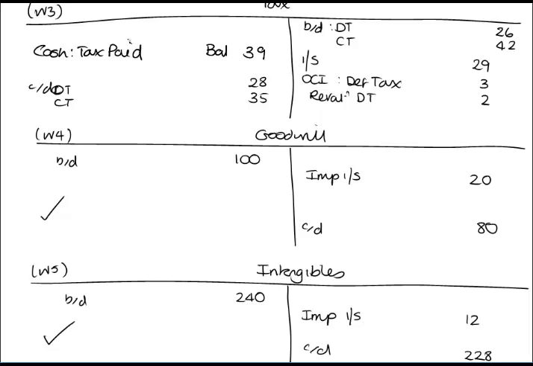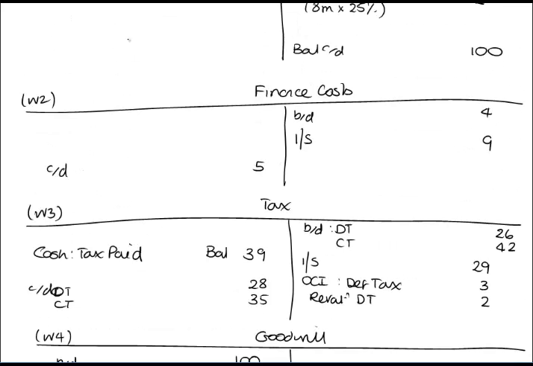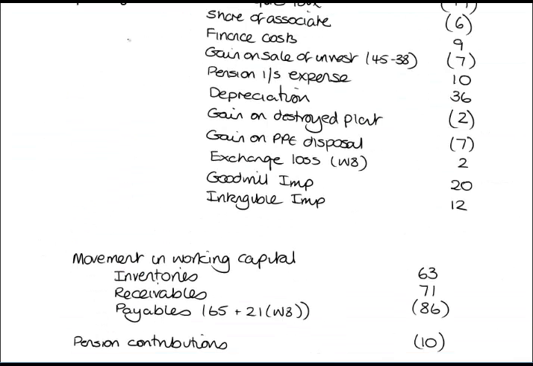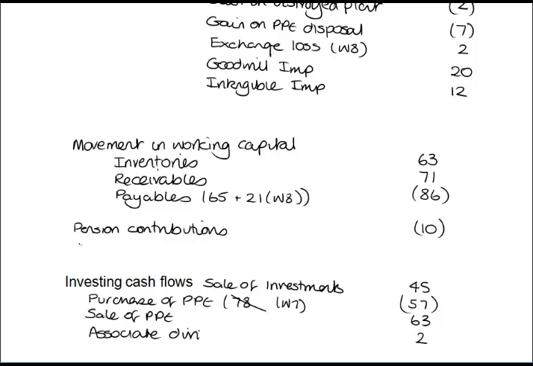Well, unless you're Apple, you pay it. So I'm going to put that figure of 39 into my cash flow statement. Normally it goes at the bottom of operating cash flows. Tax paid, working number 1, 39 going out of the business.